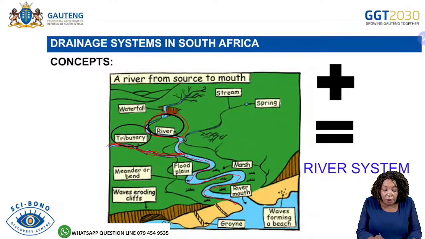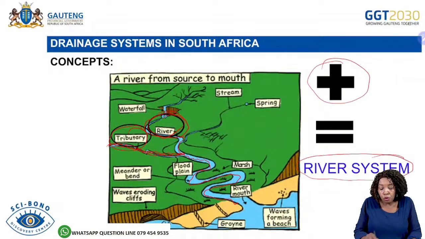So a river plus a tributary equals what we call a river system. What forms a river system? It's a river and its tributaries. I may not only be pointing to one tributary; there would be more tributaries joining this river. So a main river together with its tributaries form what we call a river system. All right, so a river system is a river with its tributaries.